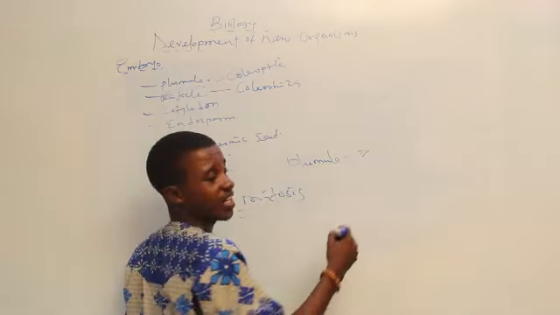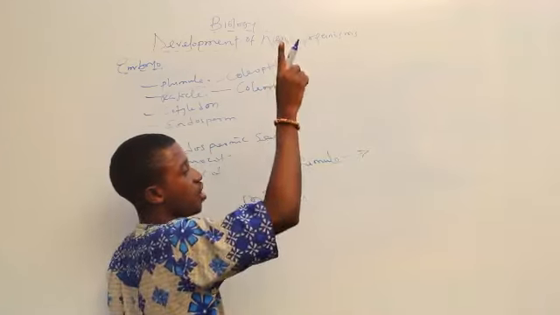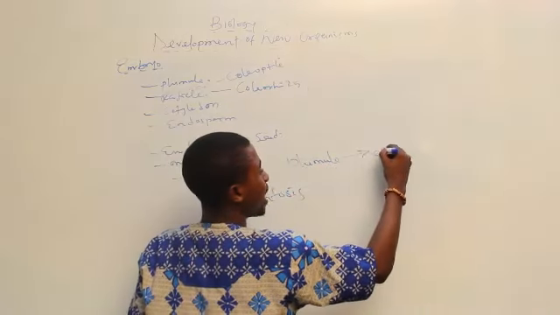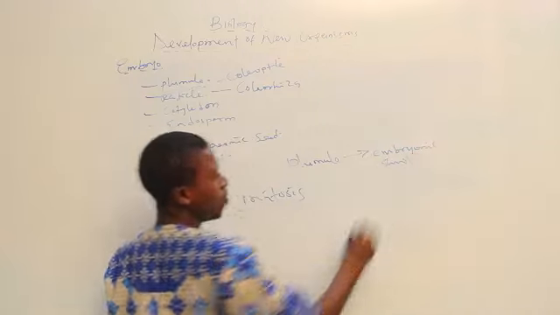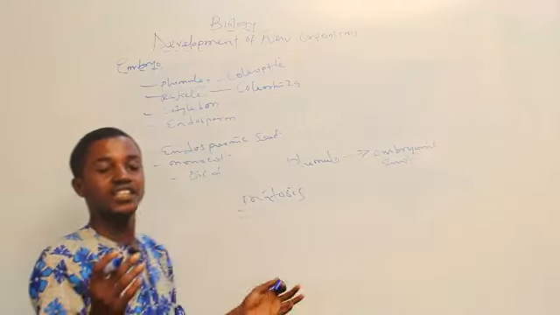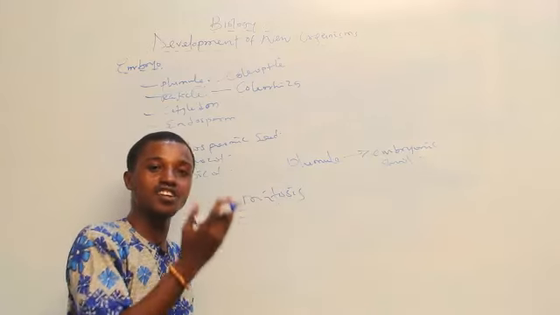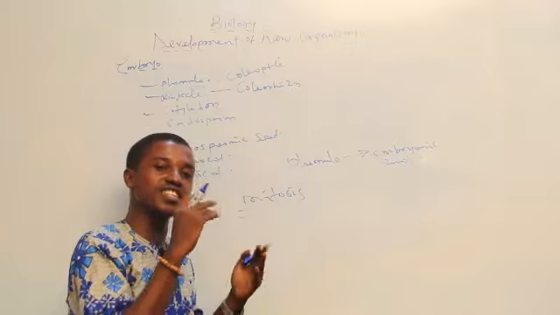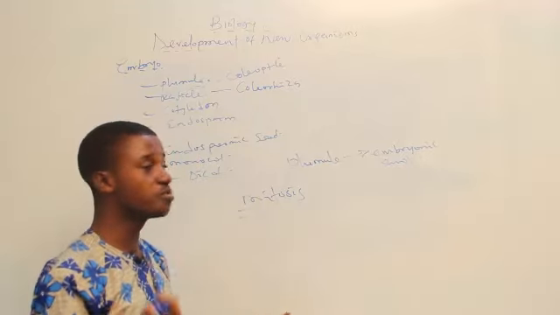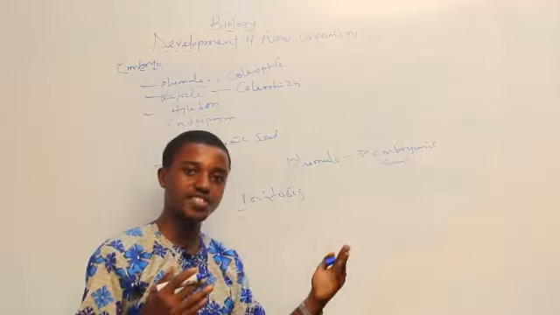The plumule develops into a future shoot. At this stage it is called the embryonic shoot, but in the future it becomes a shoot. The part of the plant that is above the ground is called the shoot system, and the part below the ground is called the root system. So a plant has two systems, the shoot system and the root system.